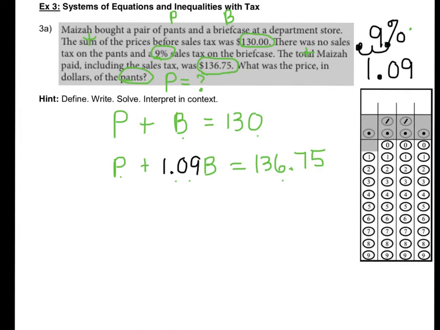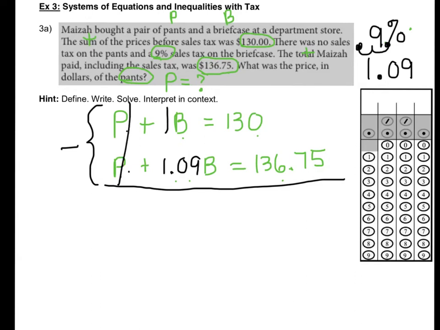All we need to do is solve this system. So what are we going to do to solve this system? It looks to me like it's set up perfectly for one of your favorite methods, elimination. We can get rid of these p's if we subtract the equations, because p minus p goes away.